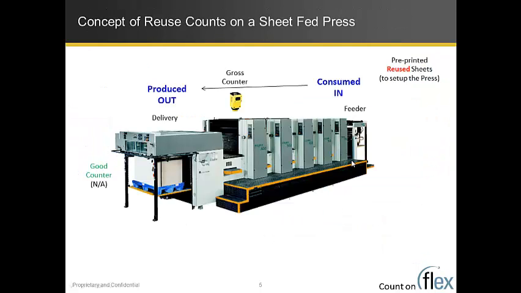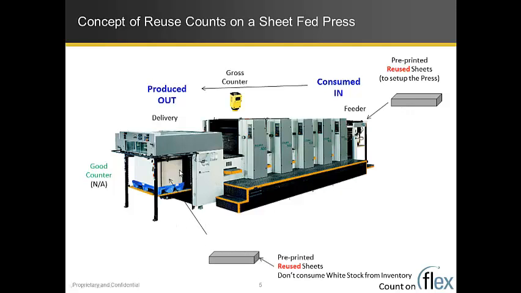So if we look at a machine that can run reuse product, that would be a sheet fed press. Very similar to a copy machine or a desktop printer where you can flip pages over and run them through the machine again. So you can hopefully save some money on paper. In this particular case, we can see that pre-printed paper was put through the machine. It would be the first stack that would come out the other side through the delivery.